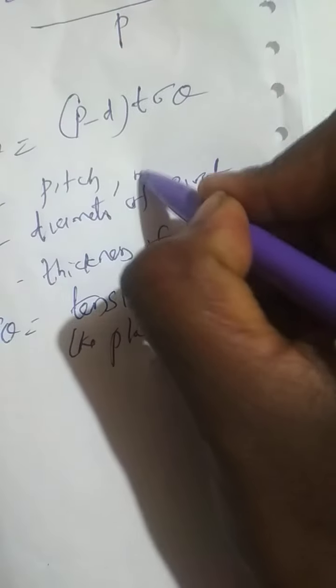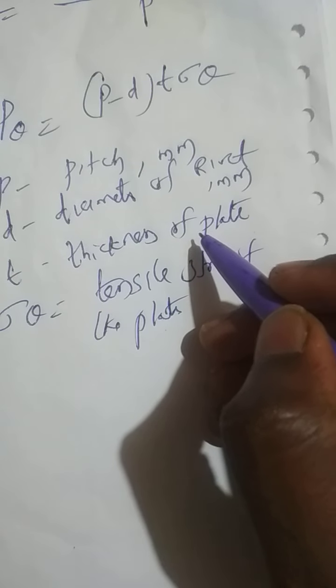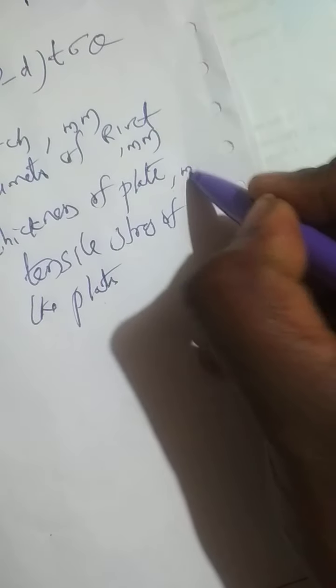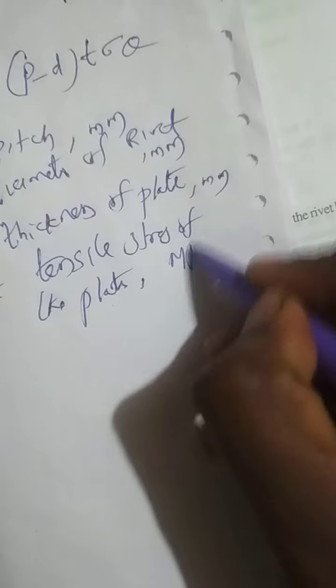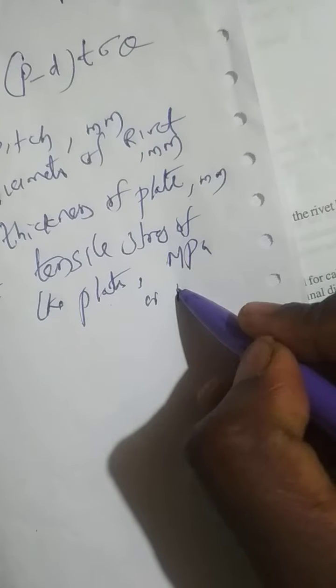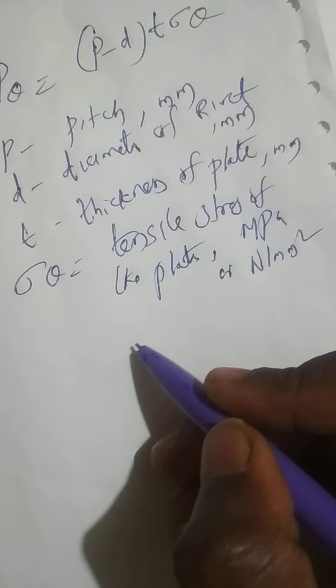Here pitch is in millimeter, diameter of rivet or rivet hole in millimeter, thickness of plate in millimeter, and tensile strength of plate in megapascal or Newton per mm square. 1 megapascal is equal to 1 Newton per millimeter square.